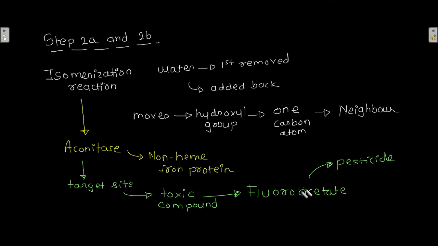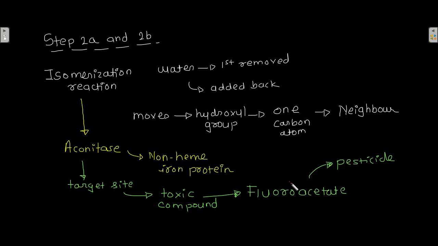Fluoroacetate targets the activity of aconitase, due to which the isomerization reaction does not happen and the Krebs cycle does not occur. That is how fluoroacetate shows its toxicity and acts as a pesticide.